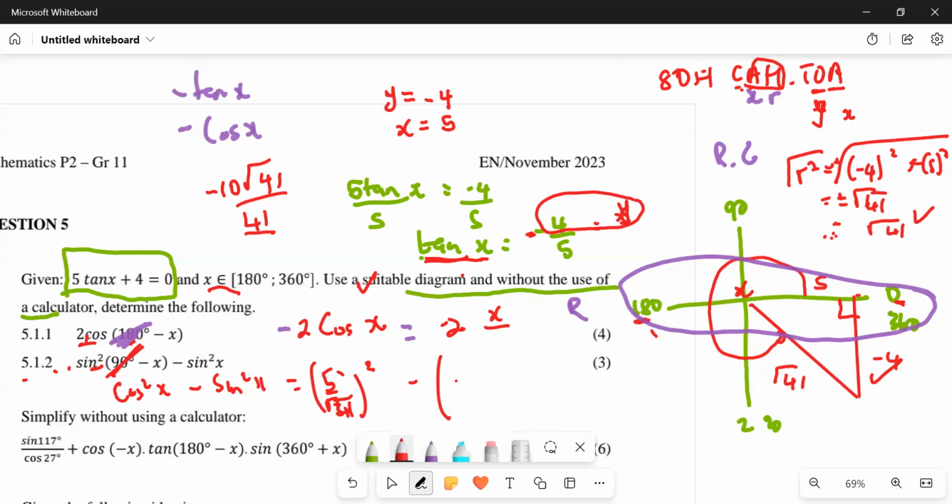It's opposite, which is minus 4 all over root 41 all squared. And then you type this in your calculator, what do you get? 9 all over 41. And then you get 1 mark for reducing and changing this one, substitution, and then you get 1 mark for the answer.